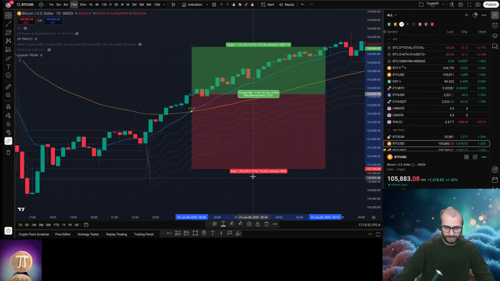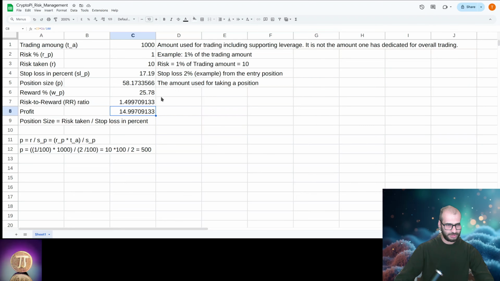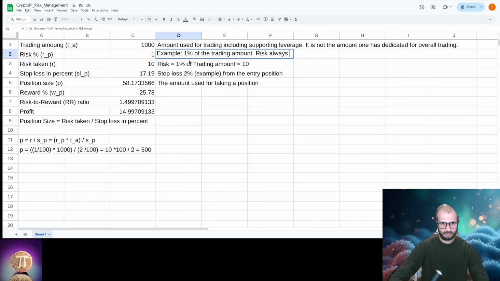So my stop loss here is 1.71%. Let's go back to the risk management sheet. My risk always remains the same.